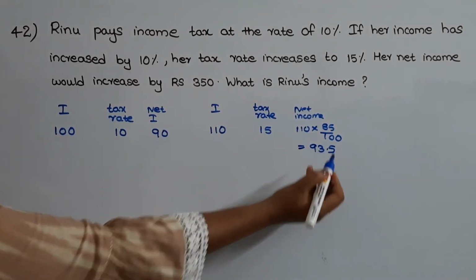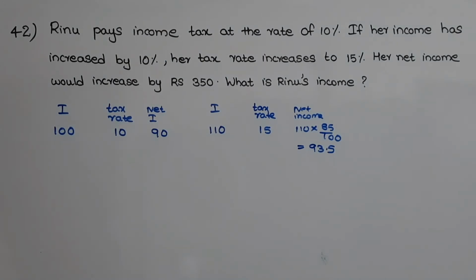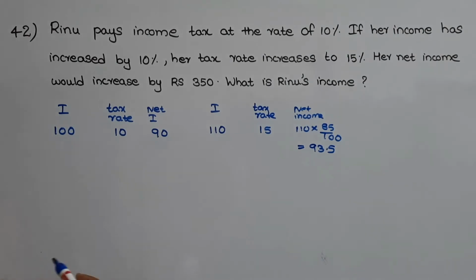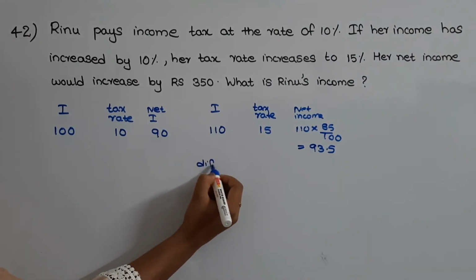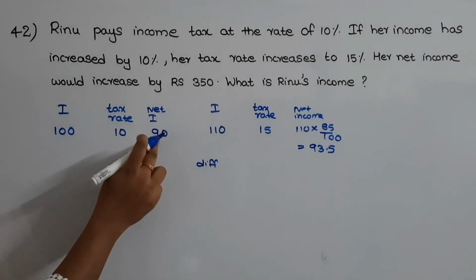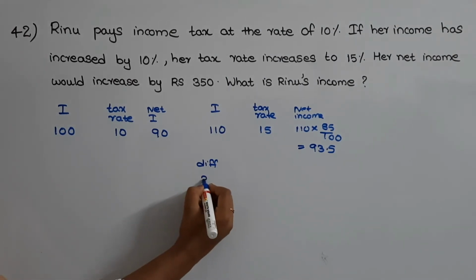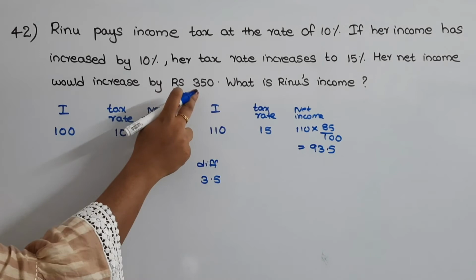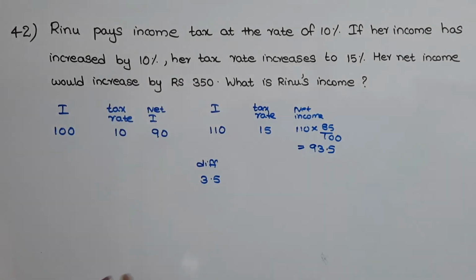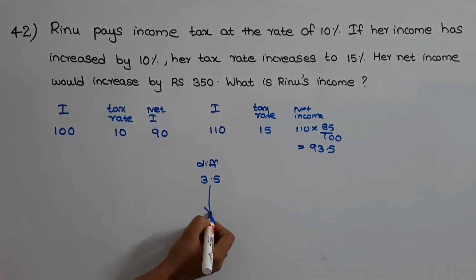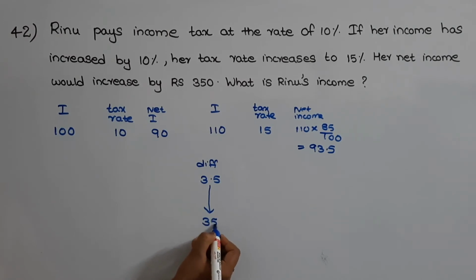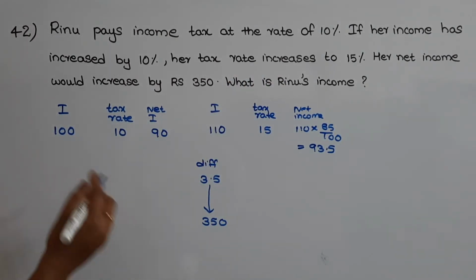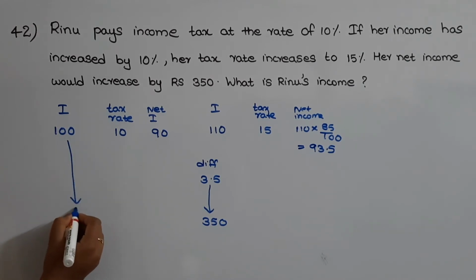So the net income in the first case is 90 and the net income in the second case is 93.5. What will be the difference between the net income in both these cases? The difference will be 93.5 minus 90, that is 3.5. But this difference is given in the question as rupees 350. So we can write this 3.5 as 350. We need to find out what is Renu's income, which means we need to find out the value of this 100.